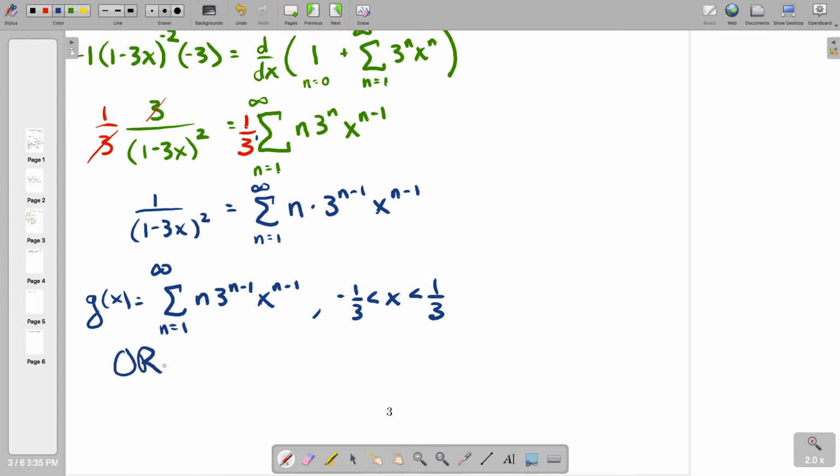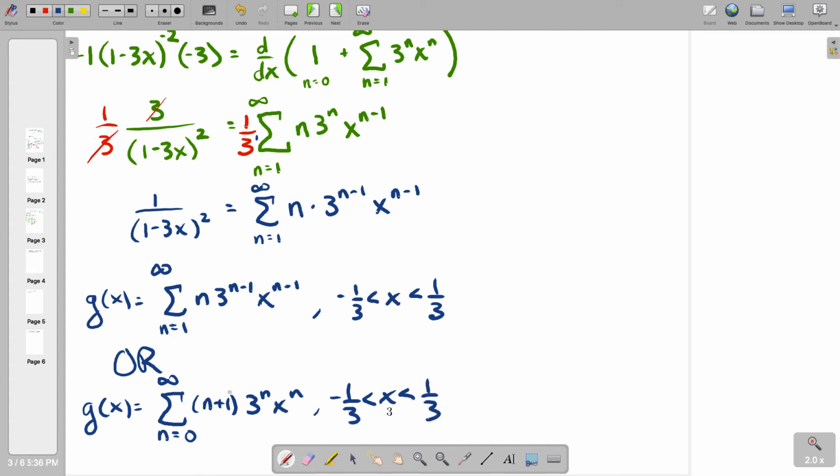But just don't be thrown off if when you look up your answer, maybe it's something like this. Just understand that this is the exact same answer. So what's the point, right?